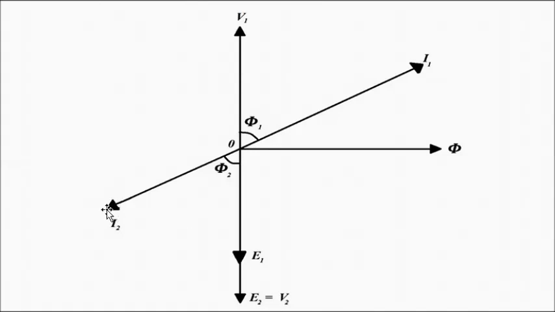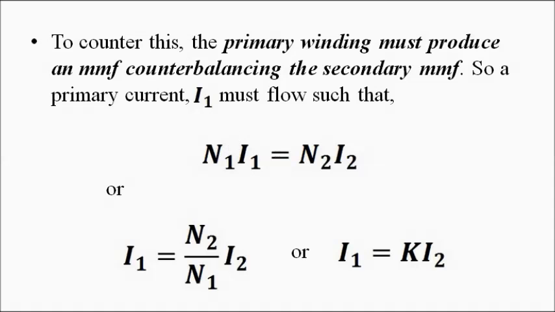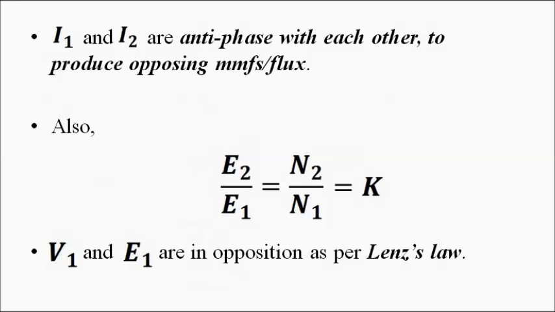Here I2 is lagging behind V2 by, let's say, angle phi 2, which lies between 0 and 90 degrees. I1 and I2 are opposite in phase with respect to each other to produce counterbalancing MMFs. I1 and I2 are antiphase.